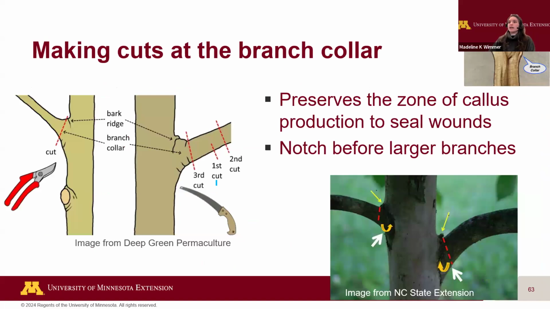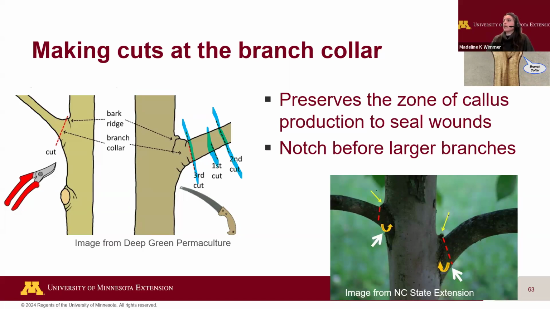Here's that 3-point cut. So when you're removing a branch, you want to notch it, as I mentioned. So you're going out almost to a stub, notching, and then removing the whole branch. And then you can come back and remove that stub, but you're going to remove it at what's known as the branch collar. The branch collar is a region that allows for good wound healing.